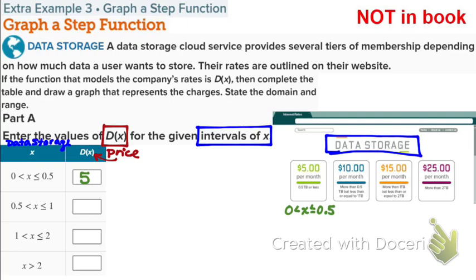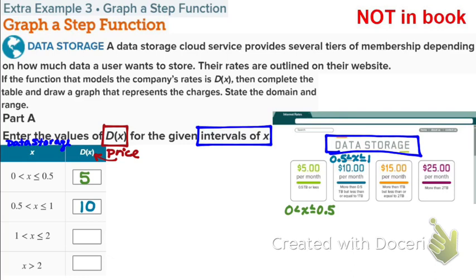How much do you have to pay if you need more than half a terabyte, all the way up to 1 terabyte? How much would that cost you? $10. In between 0.5 and 1. What about if you need between 1 and 2 terabytes?